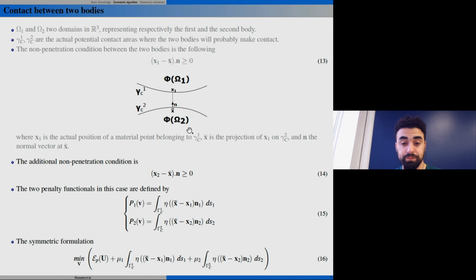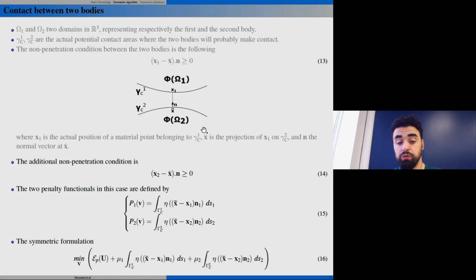For example, here we will consider our first body as the slave and the second one as the master. Therefore, we will write our first non-penetration condition by considering the first one is the slave and the second one is the master. And after, we will consider the second one is the slave and the first one is the master, and we will write our additional non-penetration condition.